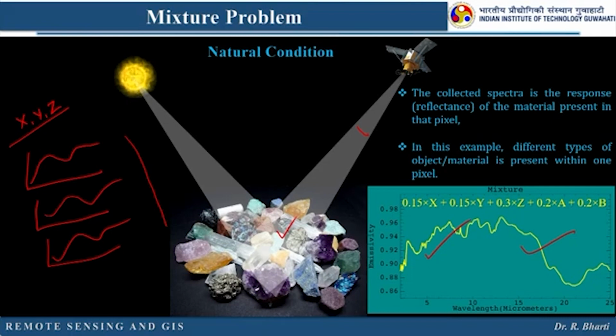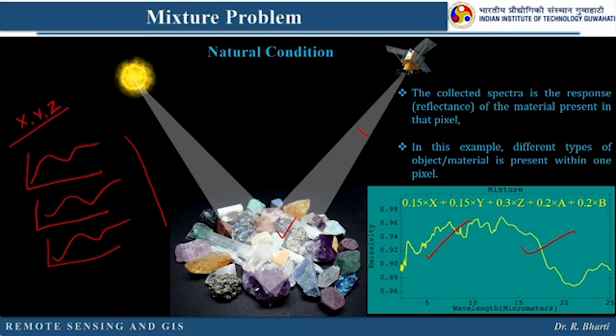So, here our life is complicated, and the approach we used for the normal cases is where we consider one pixel belongs to one particular object, right. Do you remember the classification? But here what we are trying to resolve is that one pixel may have X, Y, Z material, and now we have to resolve this one pixel in terms of X, Y and Z. So, how can we do that?